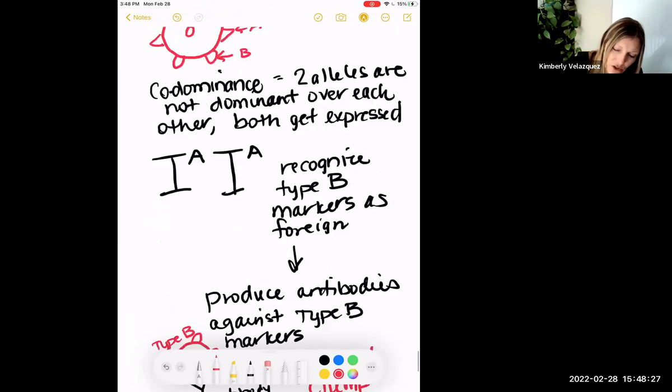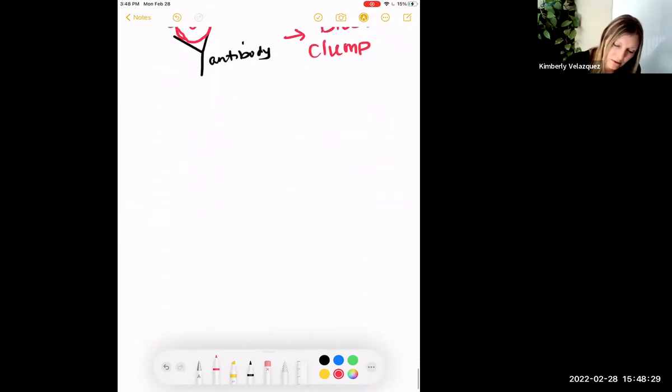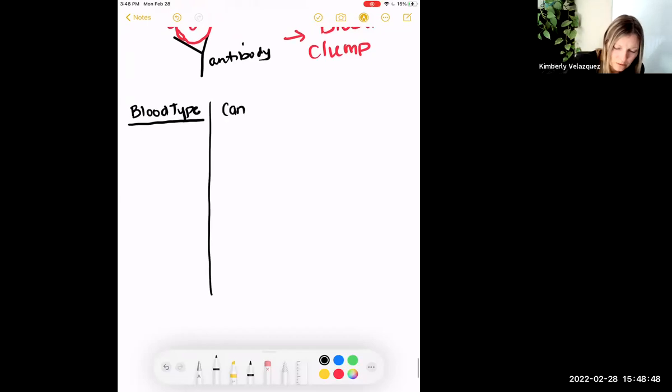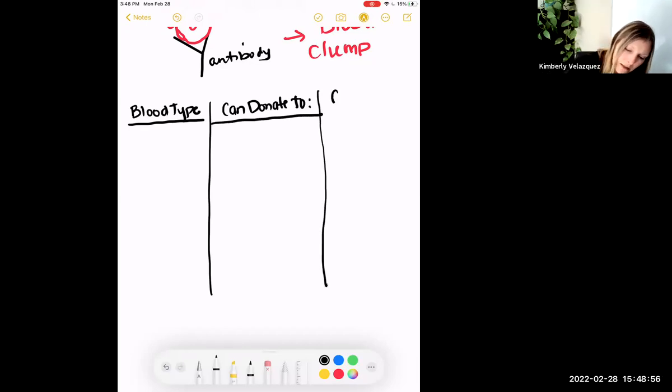Let's look at that chart for a minute of who can get what. So let's go right here. And this is kind of a logic problem. Blood type. Can donate to which blood types and can receive from which blood types.